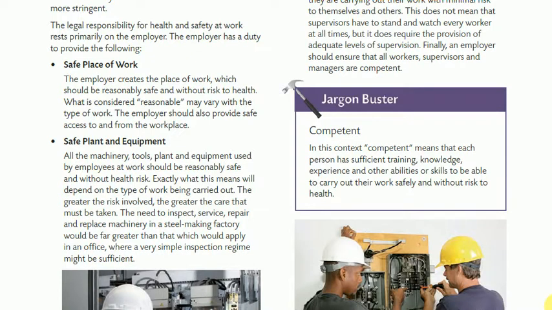Then the second one, safe plant and equipment. Every piece of equipment should be repaired to make it safe. No machine should have its dangerous part exposed. It should have guards, what they call machine guards: fixed guards, interlocking guards. Every machine should have them, especially machines with dangerous moving parts.